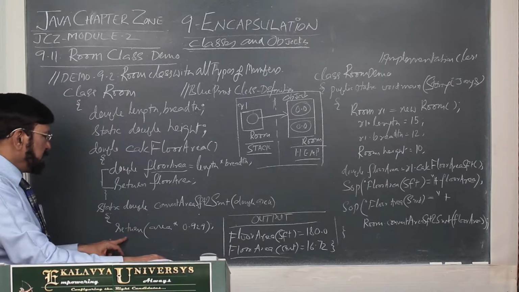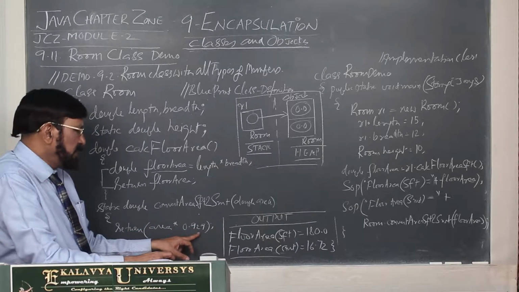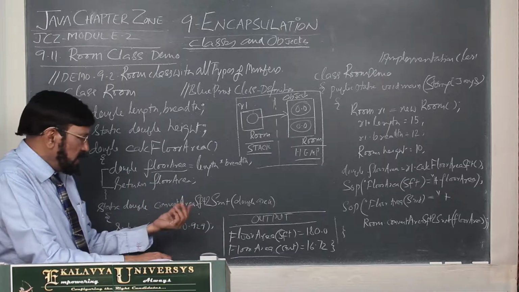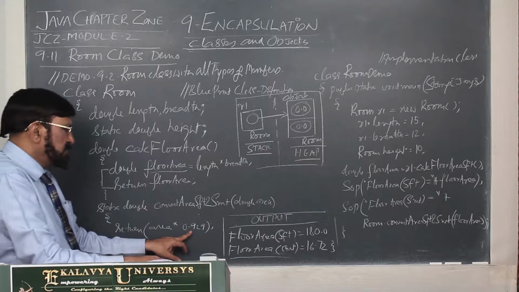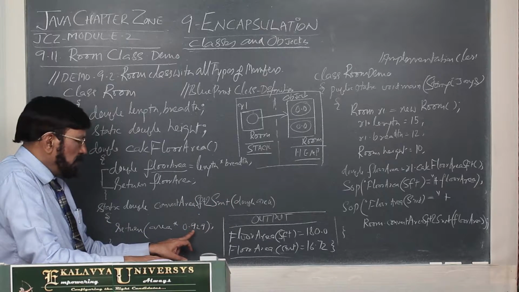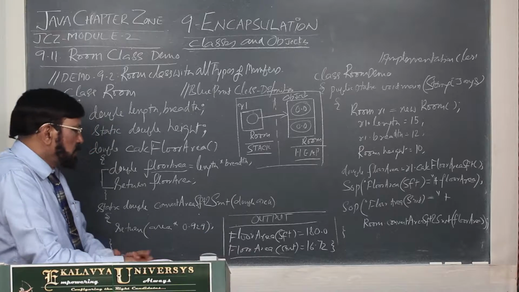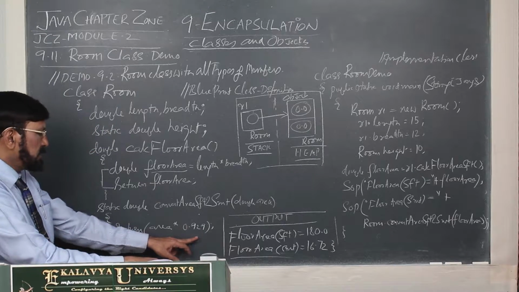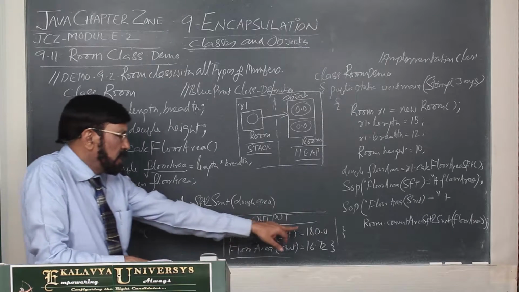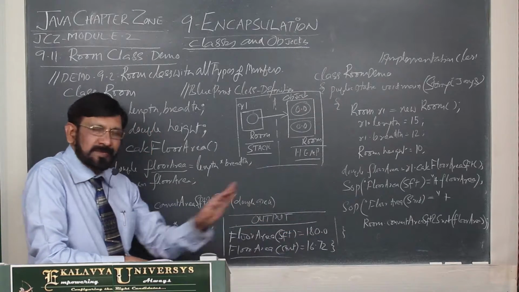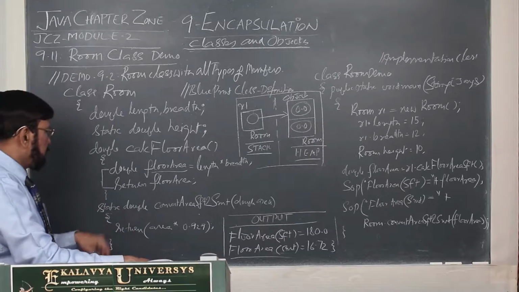And in this, what we are doing is converting SFT to SMT. If you have to convert, this is the fraction, 0.929. You have to multiply it with that. Then you can convert SFT into SMT. So that we are returning.